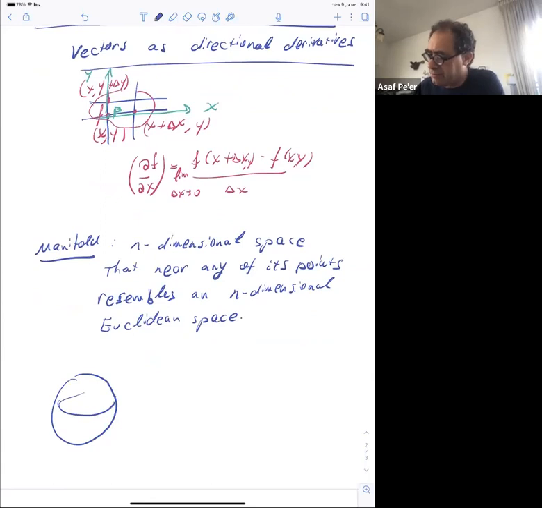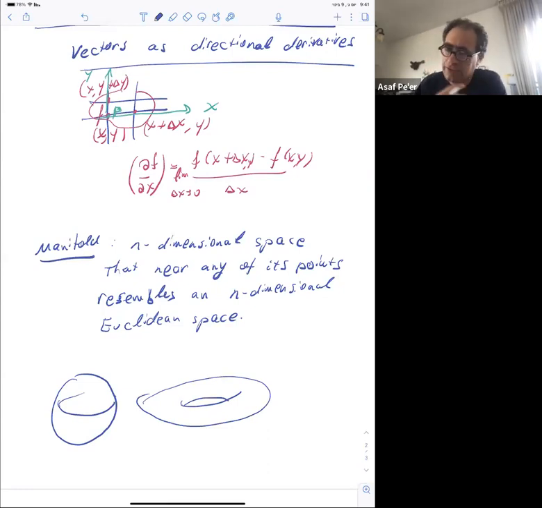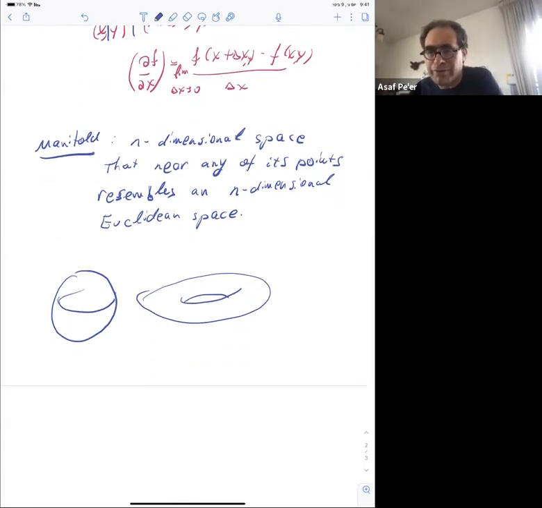Another is a bagel, a torus. That's another manifold. The exact names are genus 0, genus 1. It doesn't really matter for our purposes. We're not going to make use of that. A porcupine is not a manifold.